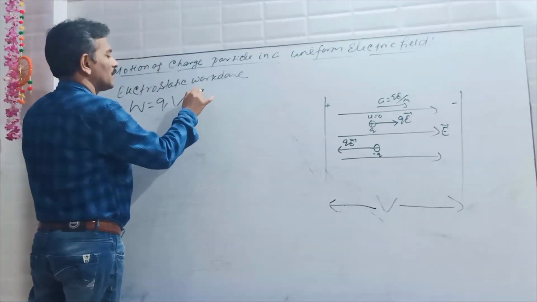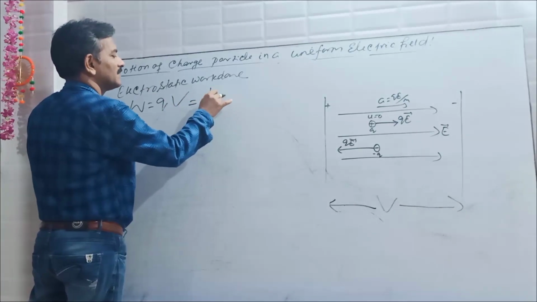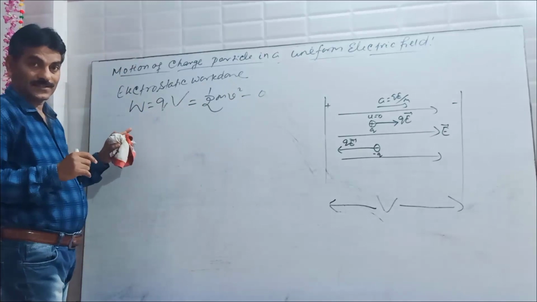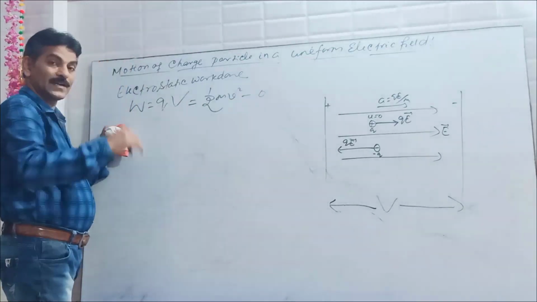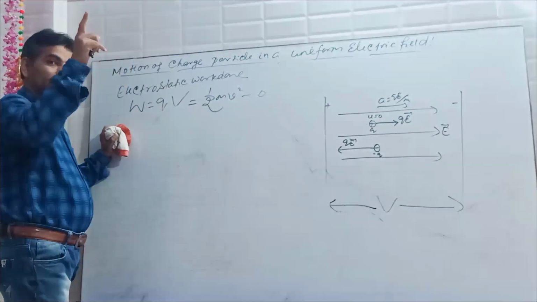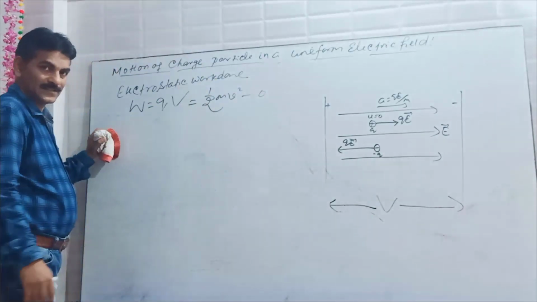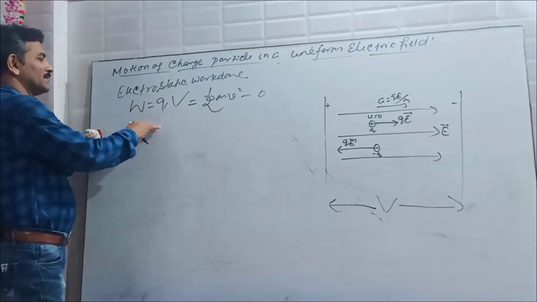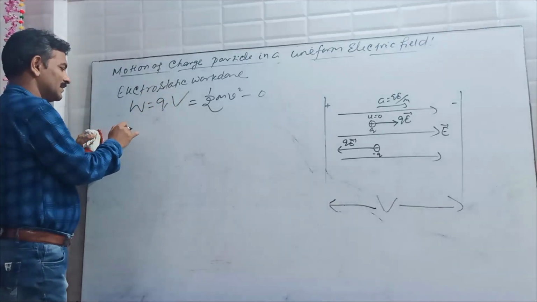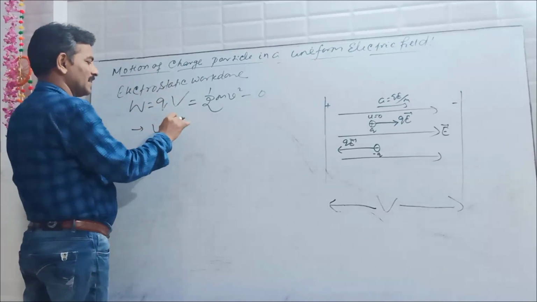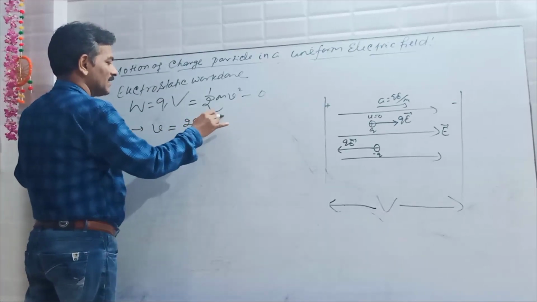But work done equals what? Change in kinetic energy. Initially, the charged particle is released at rest. Finally, it acquired kinetic energy half mv square. So, according to the work energy theorem, work done is change in kinetic energy. This is an expression for the velocity acquired by the charged particle in terms of what?